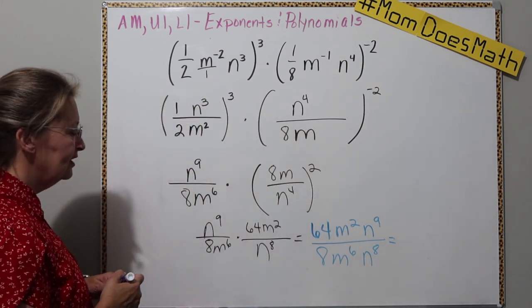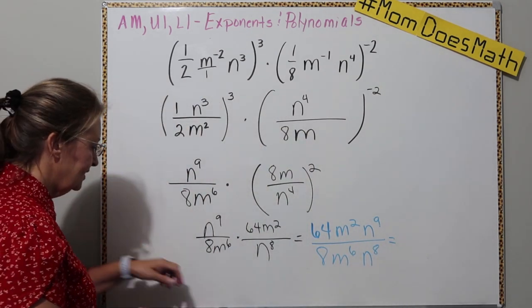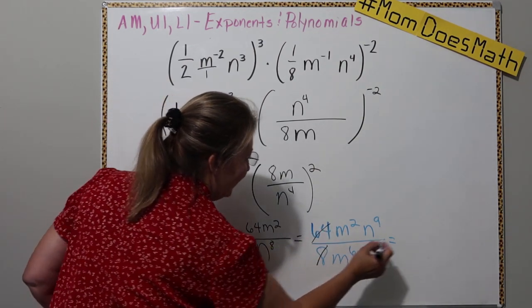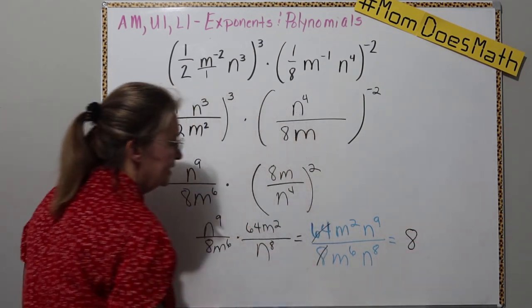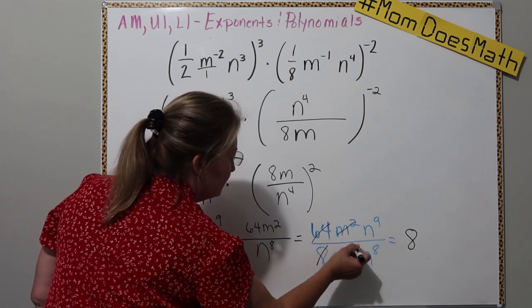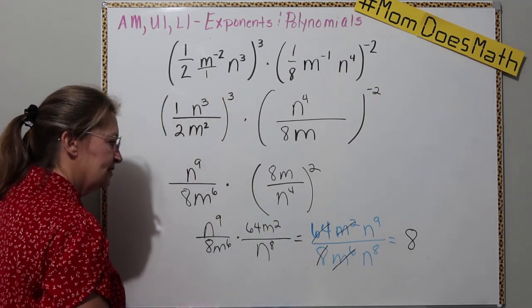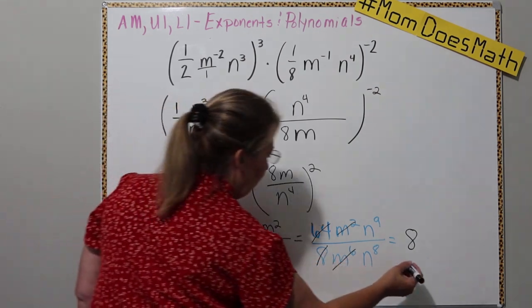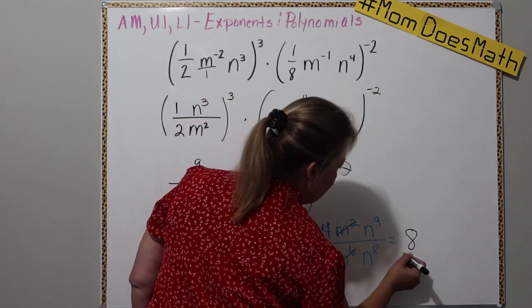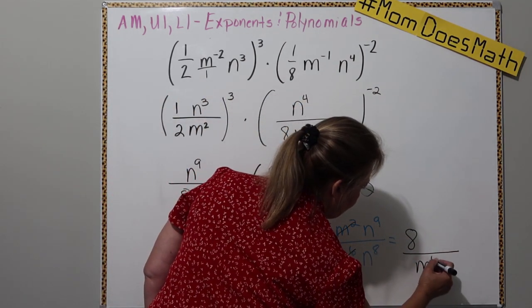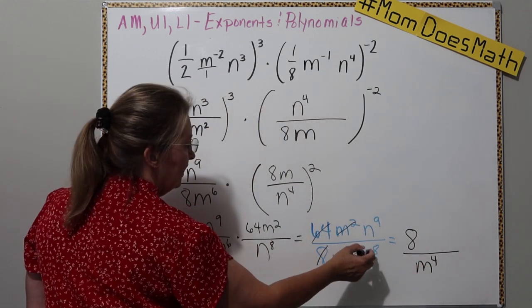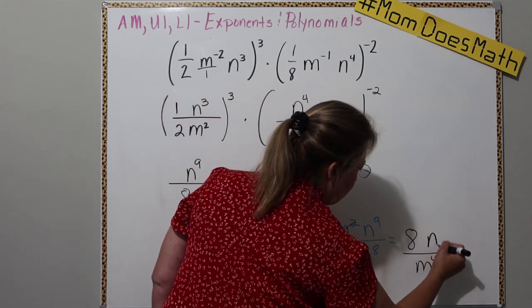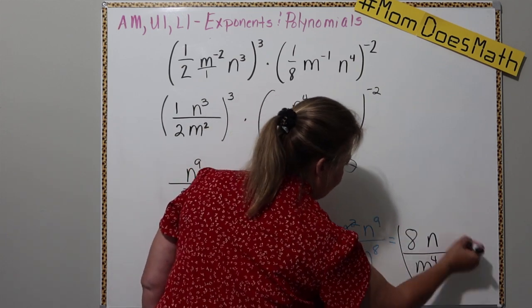Now it's all nice and in order alphabetically, and I can see what I'm fixing to reduce. 64 divided by 8 is 8. m to the 2nd over m to the 6th: subtract the exponents, that gives you 4, and it's going to go where the largest exponent is, so that's on the bottom. And then n to the 9th minus n to the 8th gives you n, so that stays on the top.